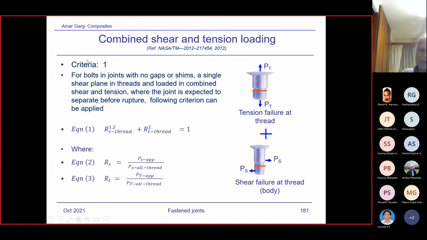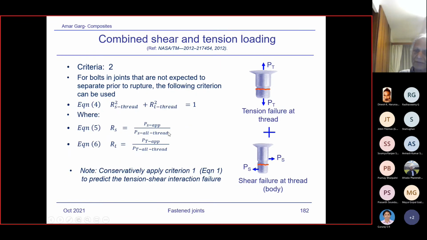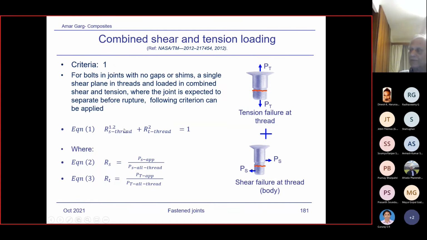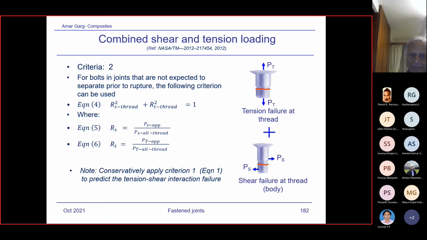That is this equation, which is conservative, because if you don't know, the quadratic one may be non-conservative sometimes, and this is better that way. My experience also has been that this equation sometimes is non-conservative for certain scenarios which we have studied.